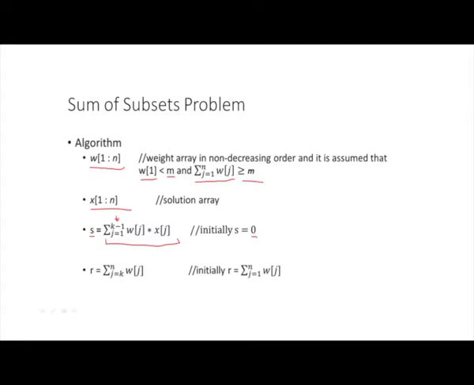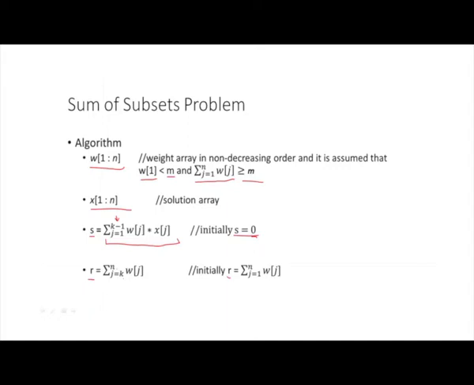So S would be initially 0. Similarly, R is equal to the sum of all the remaining weights from k to n. Initially R is equal to the sum of all the weights, because initially we will be taking k equal to 1, and S in that case would be 0. We have not considered any.